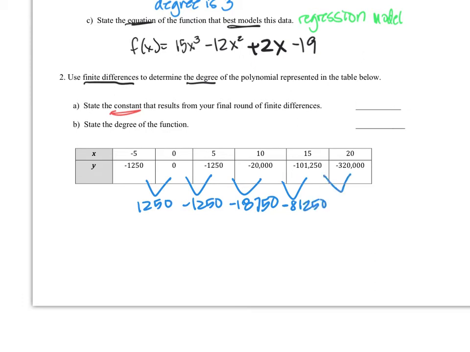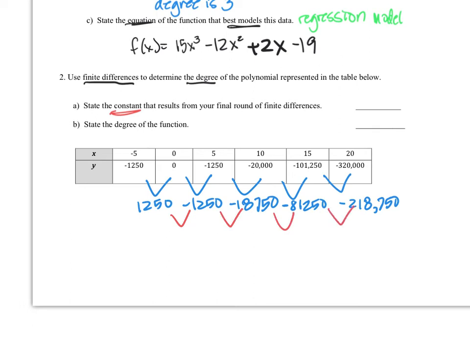And then the last difference between negative 101,250 and negative 320,000, we're going to have negative 218,750.